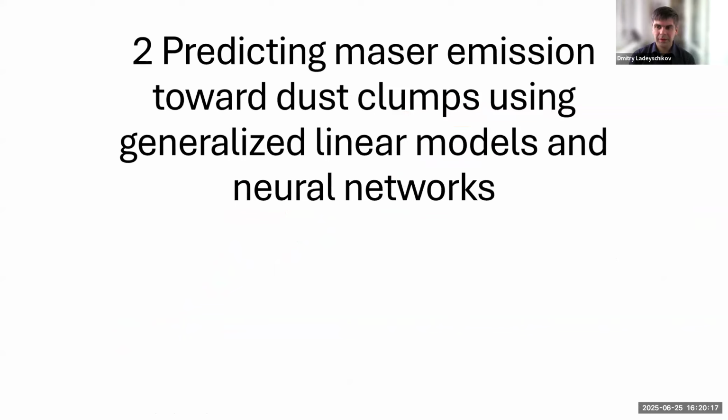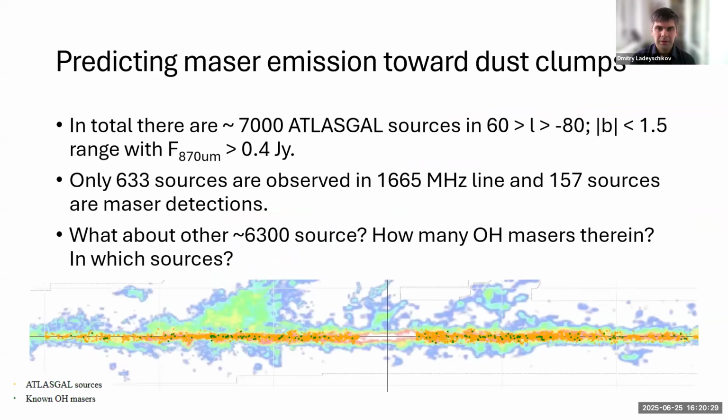And so the next section that we do is predicting OH maser emission toward dust clumps using generalized linear models and also neural networks. The motivation for this study is primarily the question: how many OH masers do we know in the galaxy?